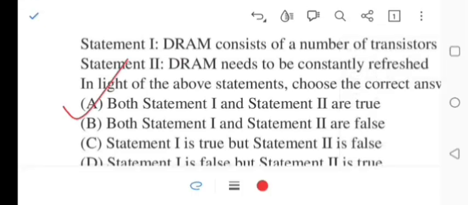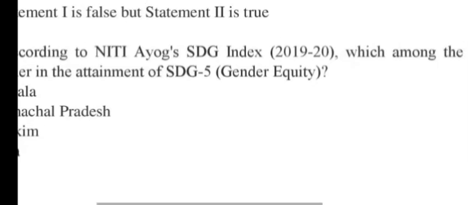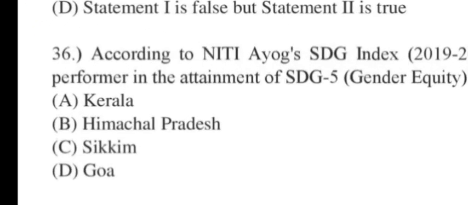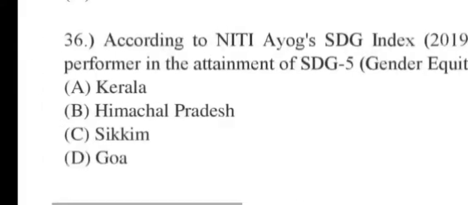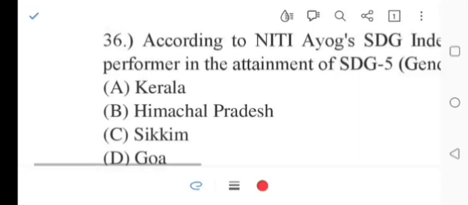That is number A. 36 says, according to NITI Aayog's SDG Index 2019-2020, which among the following states is the best performer in the attainment of SDG 5 gender equity? A, B, C, D. Kerala, Himachal Pradesh, Sikkim, Goa. 36. It will be number B, Himachal Pradesh.